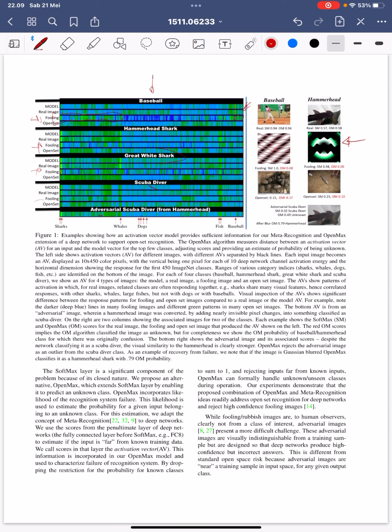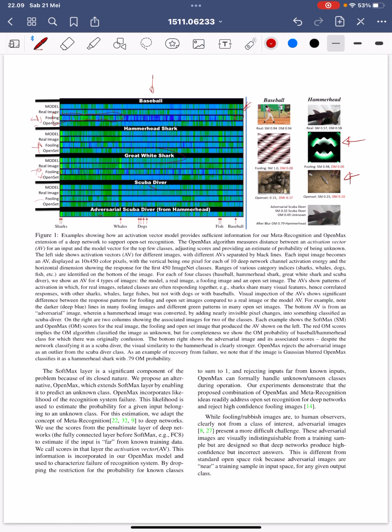The open set images are actually classes that are not in the distribution of the model. It's a class that is not trained in the model, like this one. It also provides similar behavior. You can see here the open set is quite active in the area of sharks and whales.